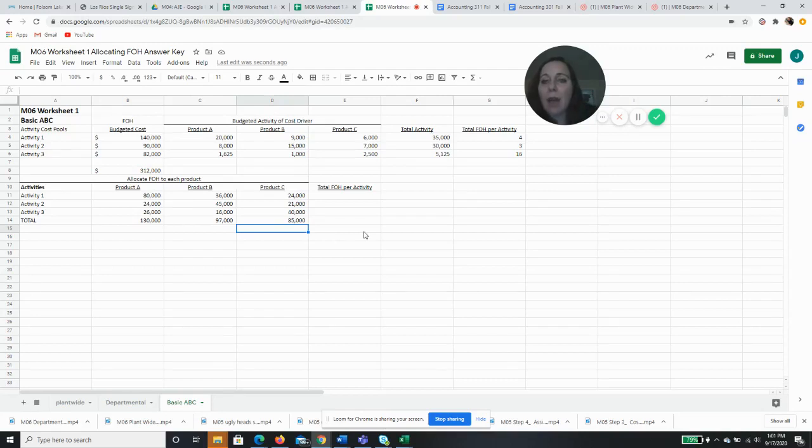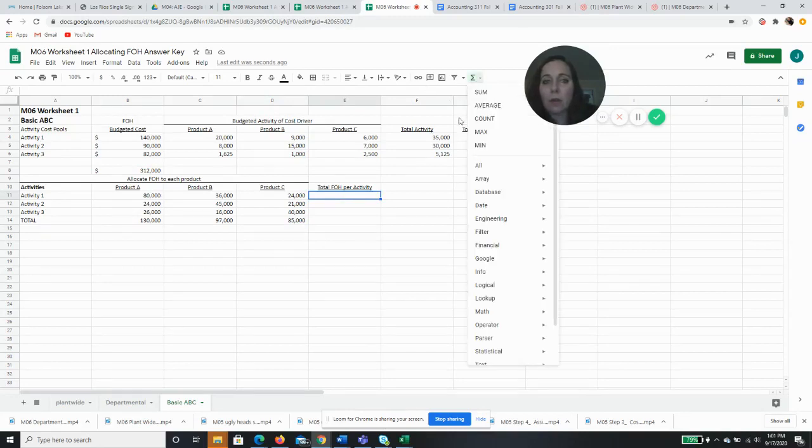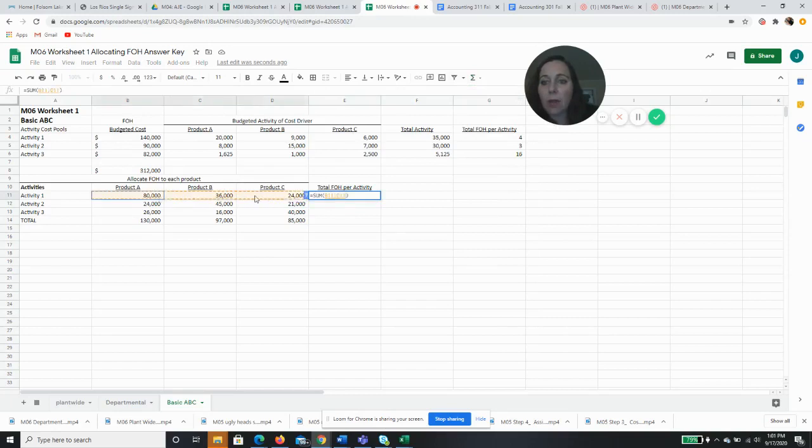All right, so now let's check our answers. Our total factory overhead allocated related to activity 1 is $140,000, and that's exactly the amount of factory overhead that we thought was related to activity 1. If I copy this, we have allocated a total of $90,000 of factory overhead related to activity 2, and that's exactly what we wanted to allocate.